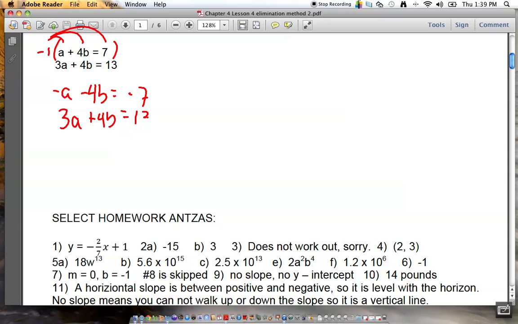Now what do you notice? Now you've got the positive and the negative 4b. So now I can do it just like I did in the other problems. Why don't you finish this one up now?